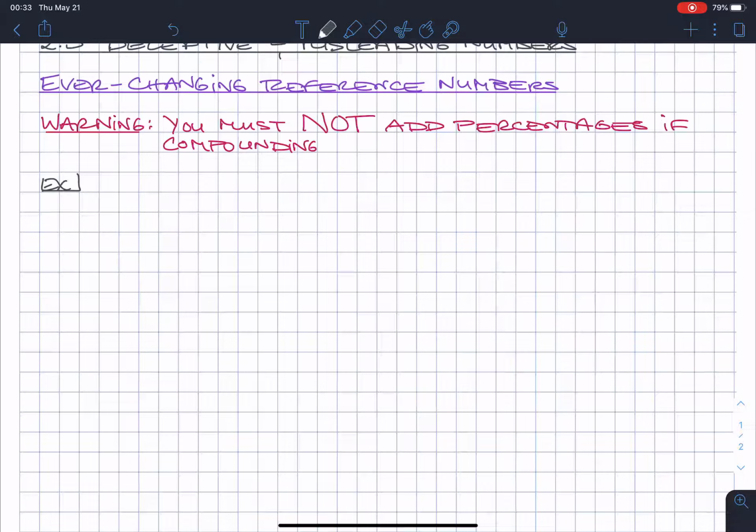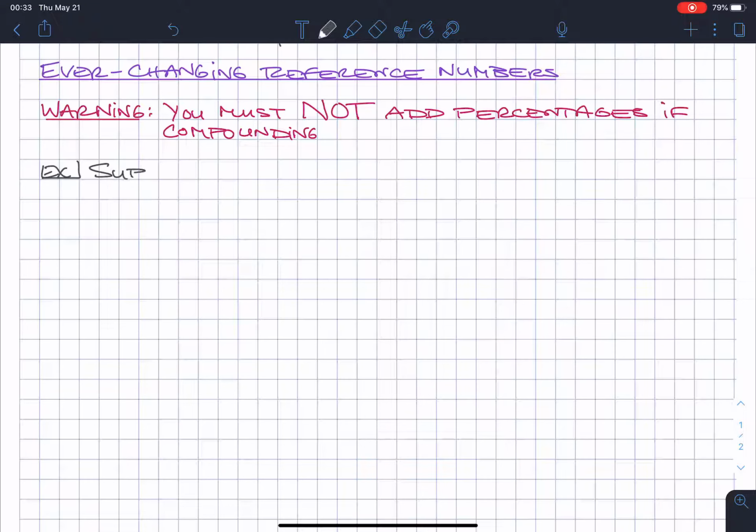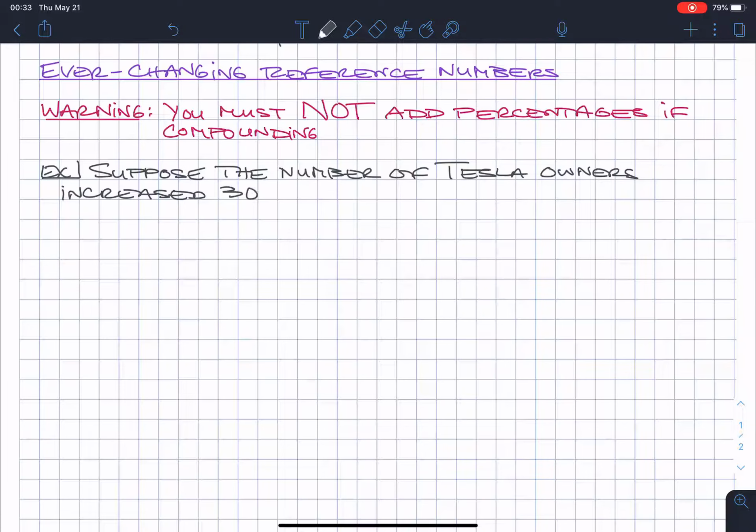So for example, suppose the number of Tesla owners increased 30% in 1 year, and then 40% in the next.